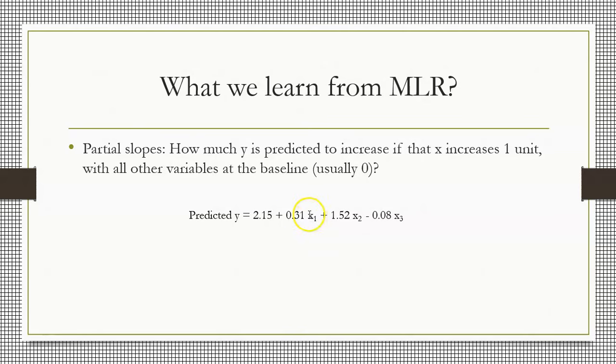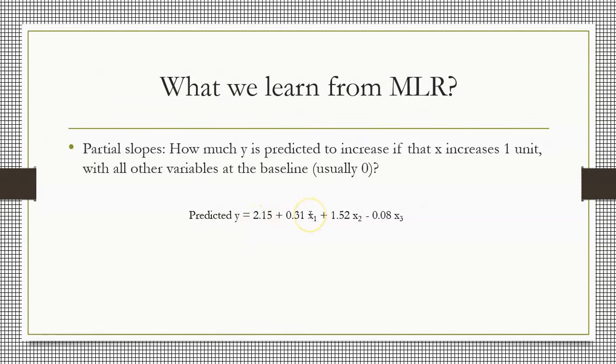So person 1, what they have for x1 is how much they are different from the mean of this variable. And what they have in the x2 column is how much they're different from the mean in that column. Could be positive or negative depending on whether they're higher or lower, and so forth. If that's the case, then this tells me the predicted y if all of these are essentially at the mean. So sometimes that is a very practical thing to do. But we'll assume we're not doing that at the moment, to talk about it more simply.